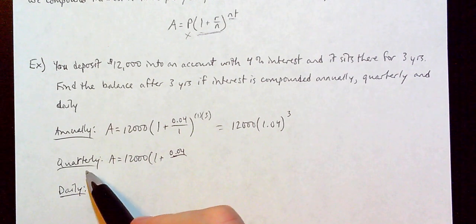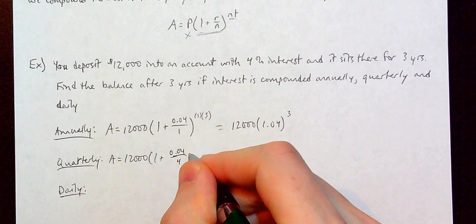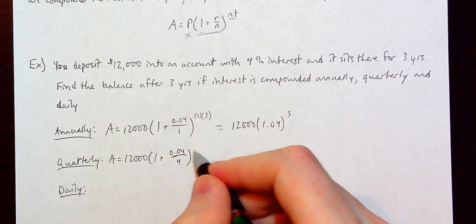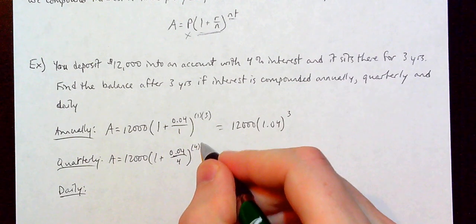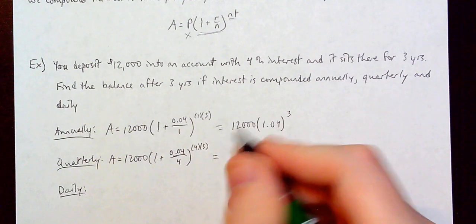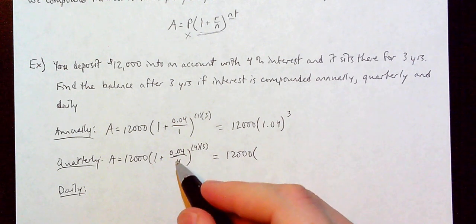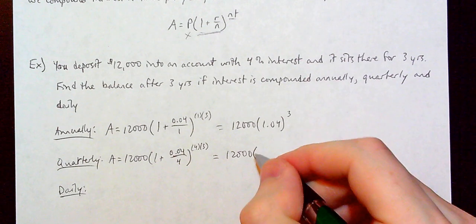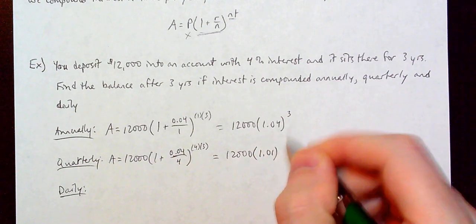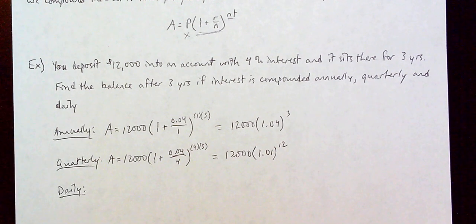Here we're doing it quarterly, so 4 times per year, raised to the power of N times T, 4 times 3. 0.04 divided by 4 is 0.01. 1 plus 0.01 is 1.01. And this is going to be raised to the 12th power. 4 times 3 gives me 12.